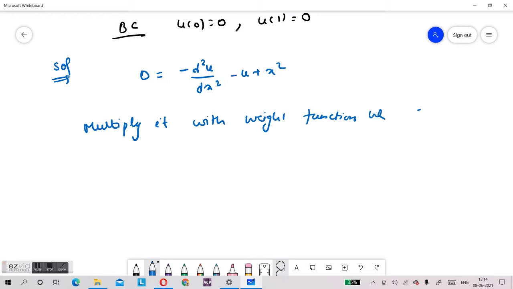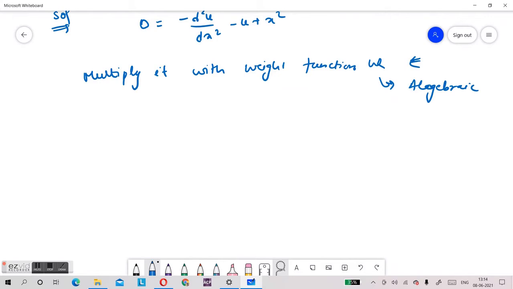It will take an algebraic form. Here we don't know what it is, but after we solve it, you will get an idea of how this w will convert into an algebraic function. So our equation will look like this: w times minus d square u over dx square minus u plus x square.